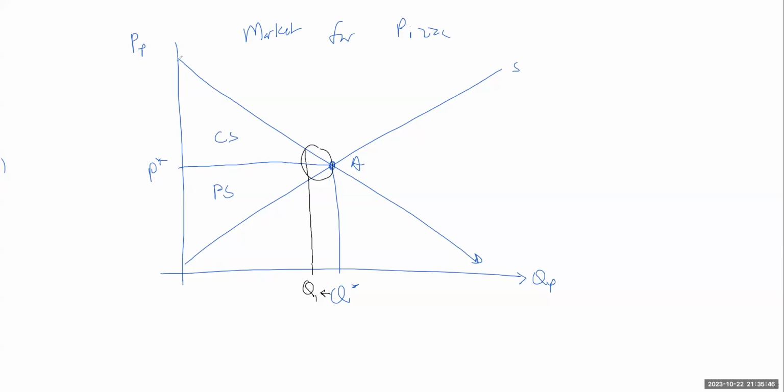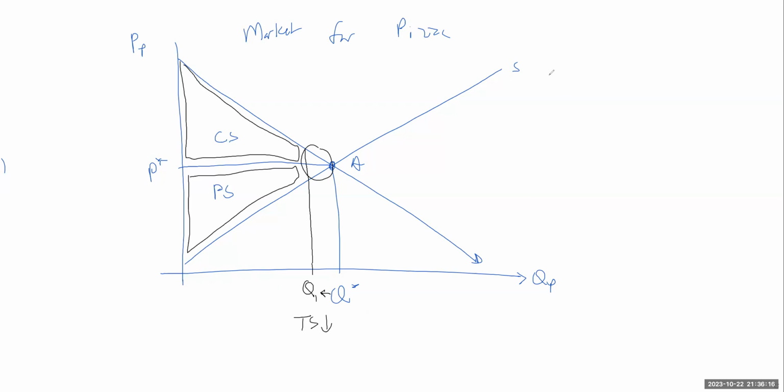Consumer surplus would be this, producer surplus would be this, and we would have to chop this out. So if a benevolent planner reduced quantity slightly from the equilibrium amount to Q1, total surplus would fall.